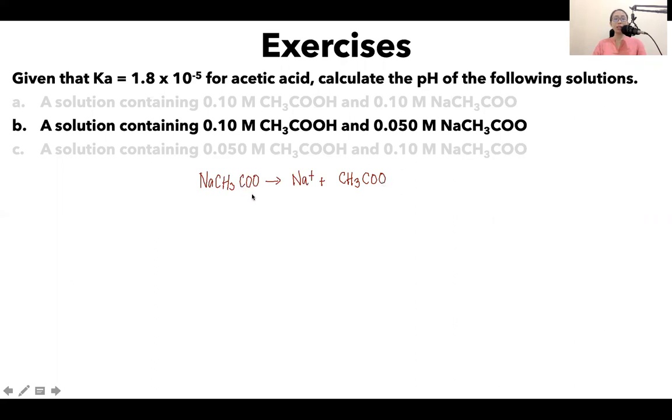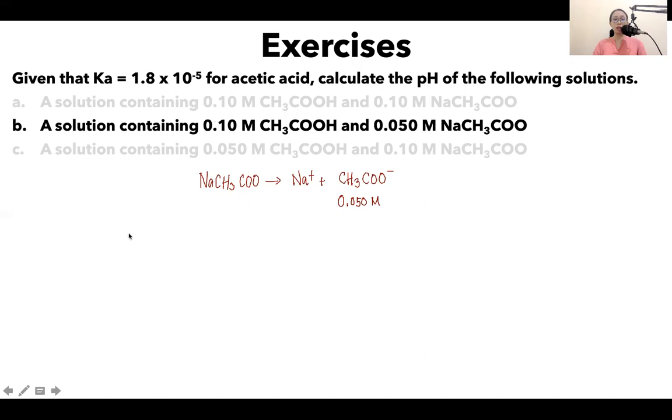Now, since this is completely dissociated, it follows that we also have 0.050 molar of our acetate. So if initially I have 10 sodium acetate and all of them dissociate, then I also get 10 sodium ions and 10 acetate ions.